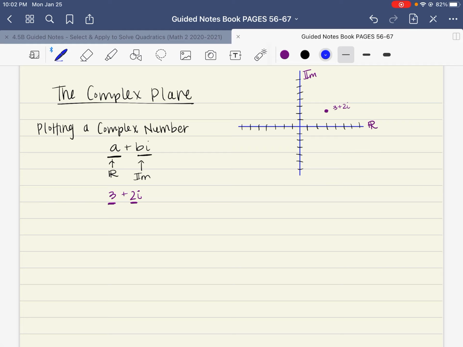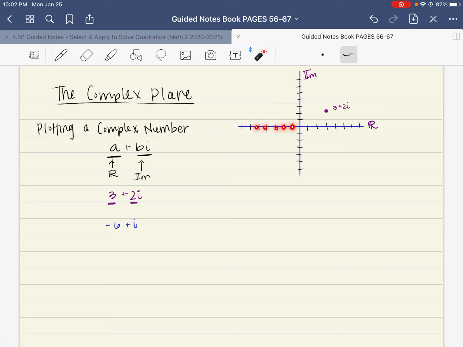Okay, if I wanted to graph another one, so let's say I was graphing the complex number negative 6 plus i. In this case, I would go negative 6 in the real direction because that's the real number part, and then this would be a positive 1 because there's a 1 there in the imaginary direction.